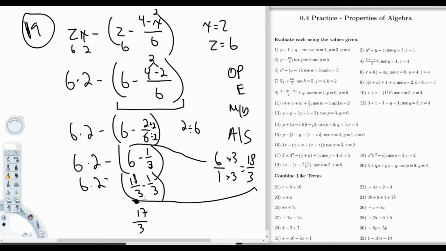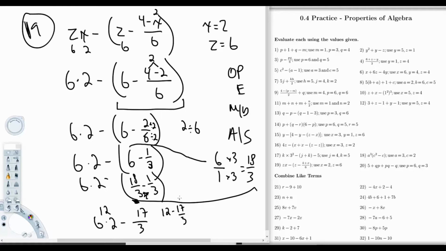The denominator stays the same, right? So I have 6 times 2 minus 17 over 3. Now we multiply these, which comes to 12 minus 17 over 3.